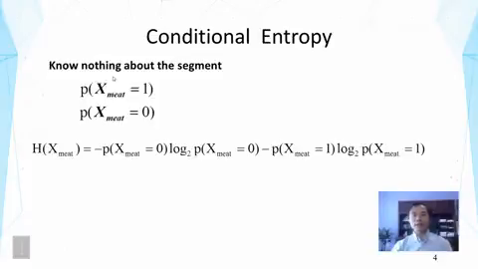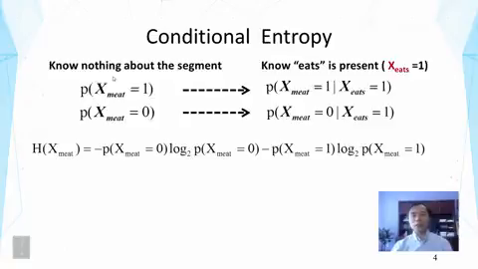So to explain this concept, let's first look at the scenario we had before, where we know nothing about the segment. So we have these probabilities indicating whether a word like meat occurs or doesn't occur in the segment. And we have the entropy function that looks like what you see on the slide. Now suppose we know eats is present. So now we know the value of another random variable that denotes eats.